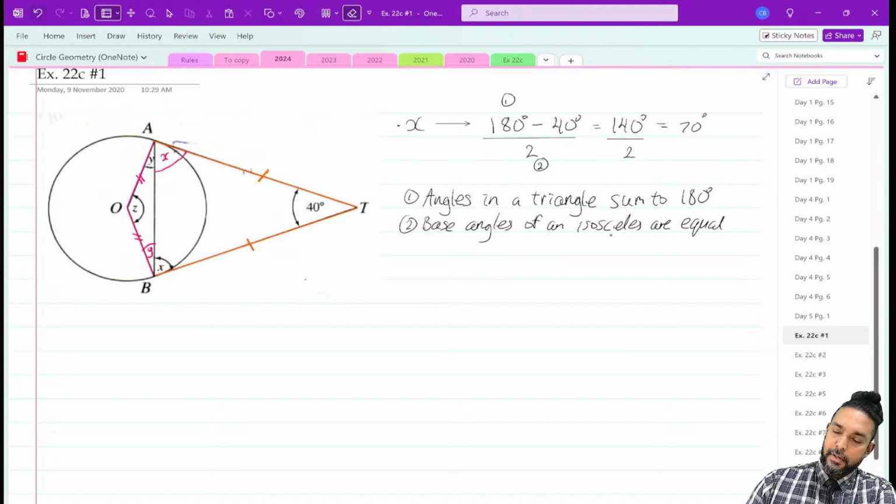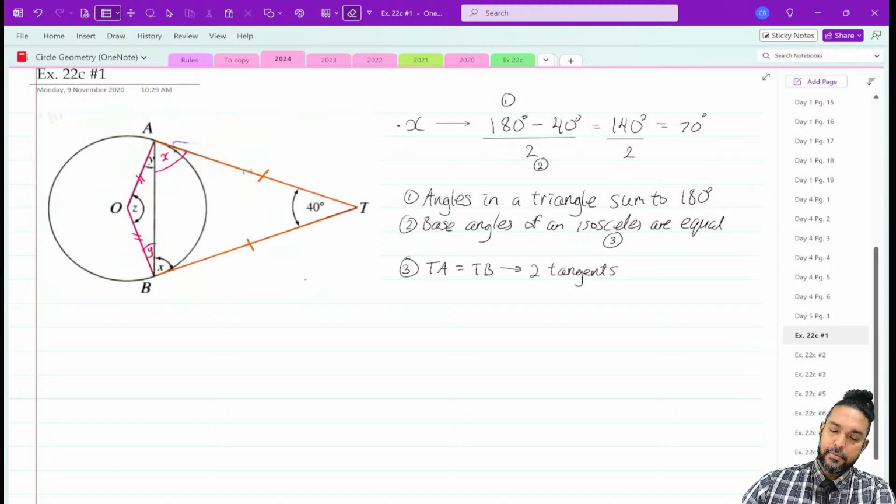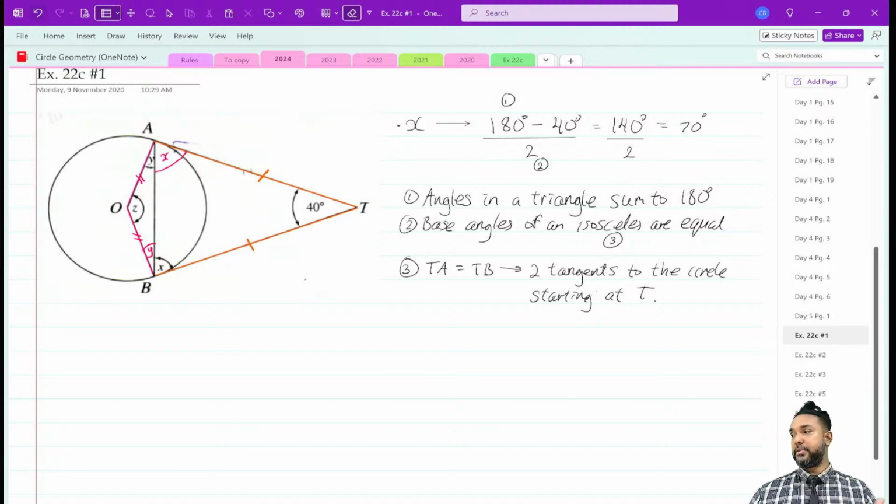Then I'll put a 3 here, because why is it an isosceles triangle? Because TA is equal to TB, because these are 2 tangents to a circle starting at T. So we know when two tangents touch the same circle and they both start at the same point, the lengths of each tangent are equal.